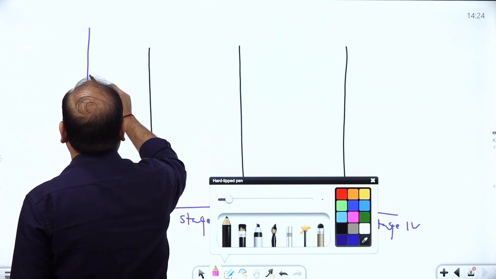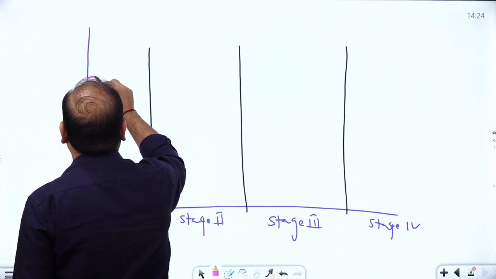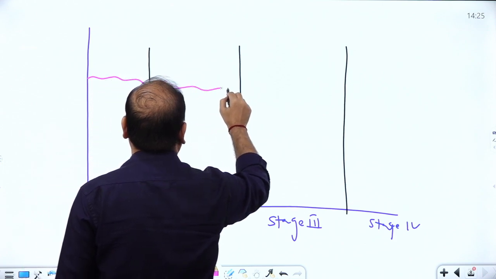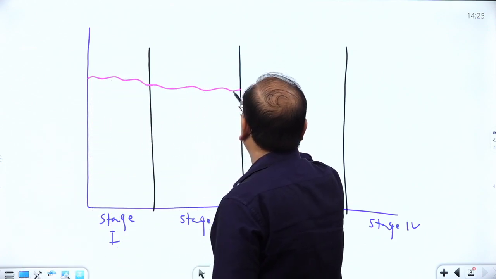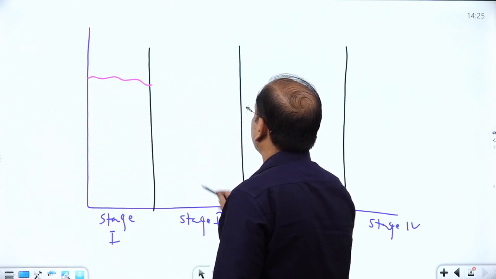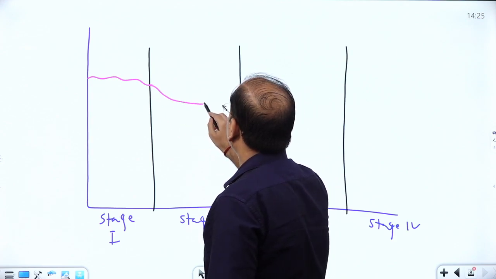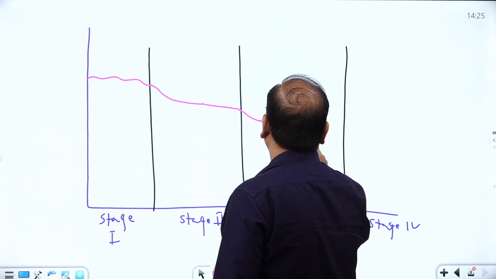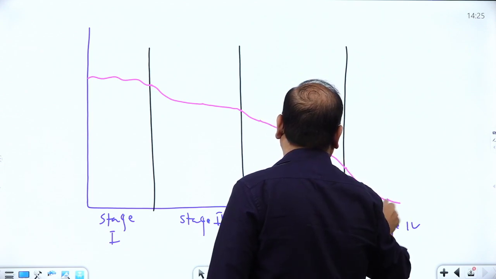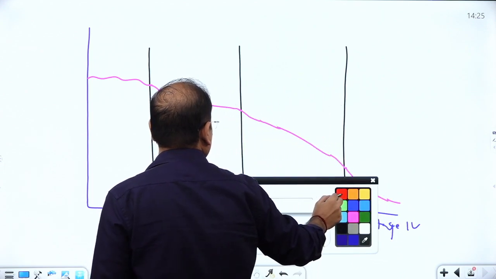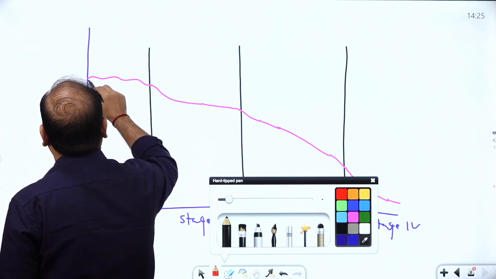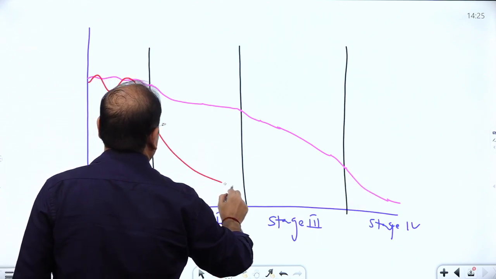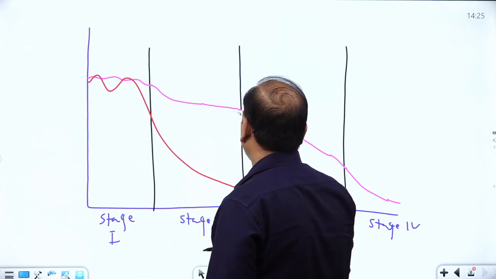Initially, the birth rate was very high, whereas the death rate was also very high.